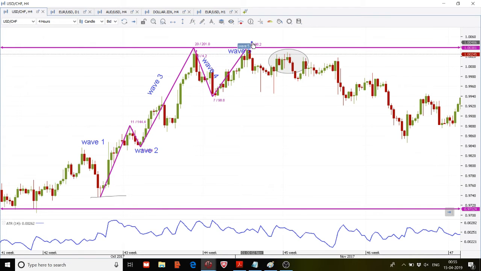But our technical levels also tell us that the stop loss should be above this level. So we can mix two or three things, and if you calculate the difference between this point and this point, it is just 15 pips.